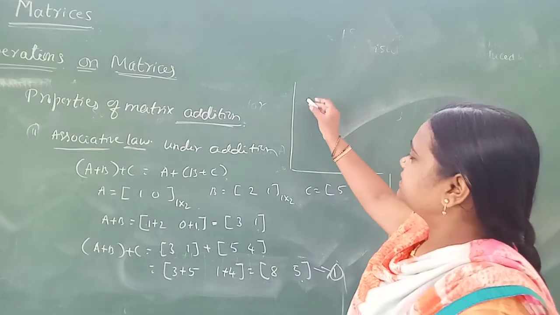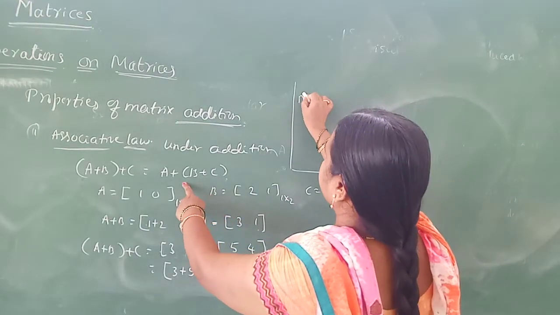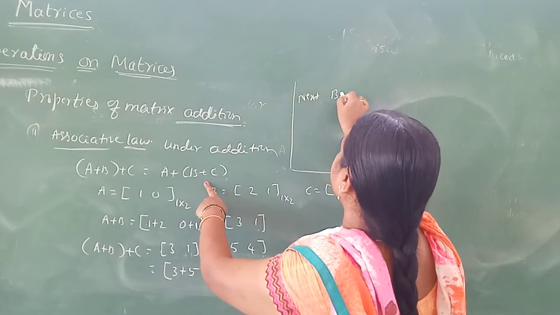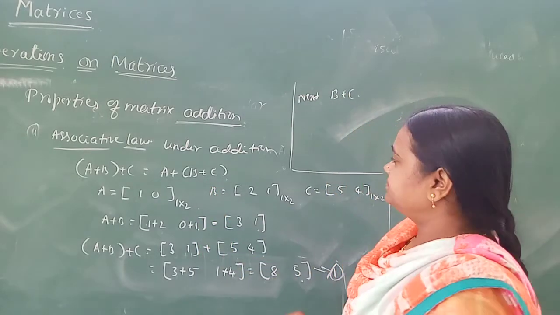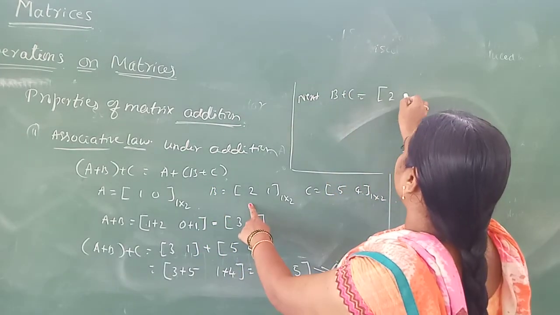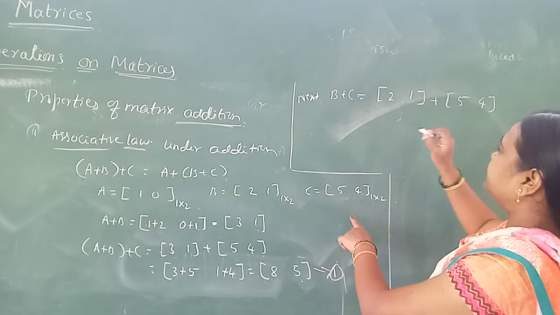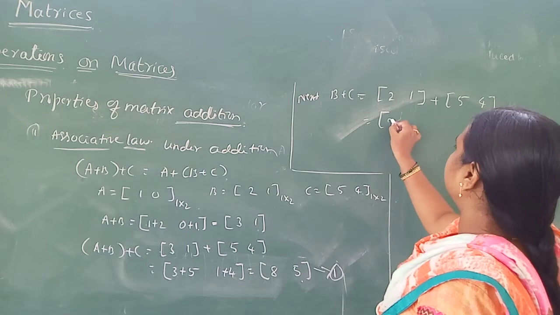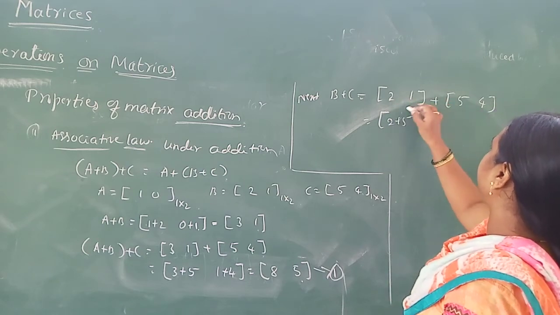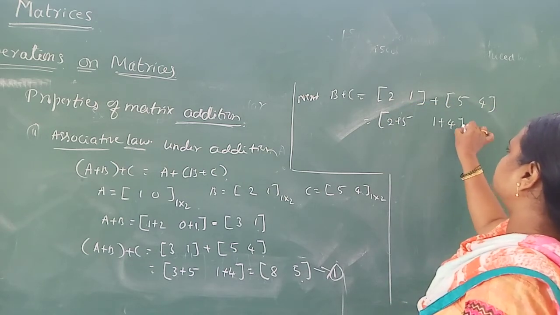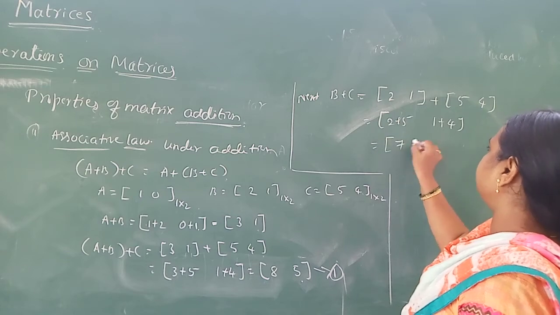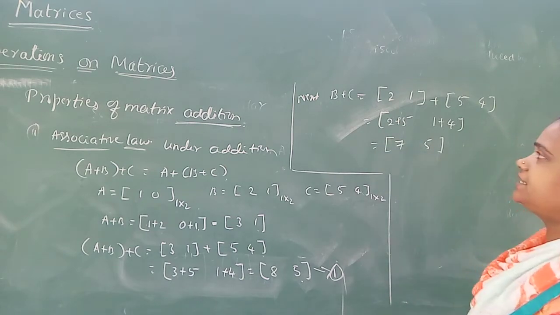Okay, next. Second mention, B plus C. B is [2, 1], C is [5, 4]. Add these two: 2 plus 5, and 1 plus 4, which gives [7, 5].